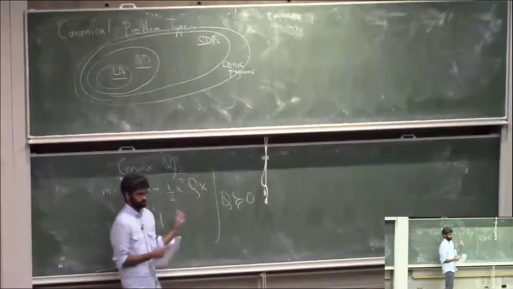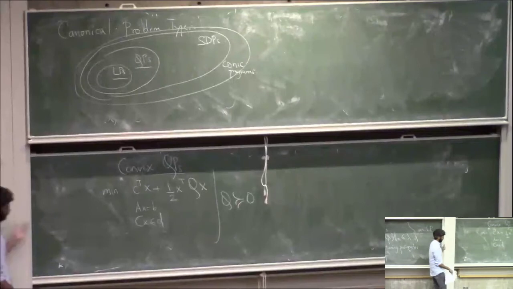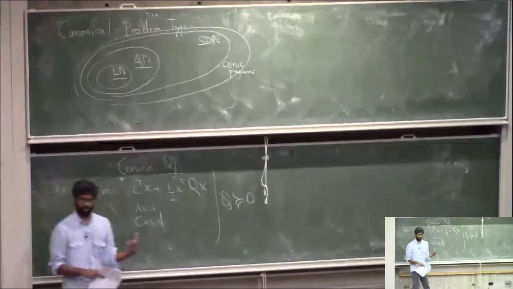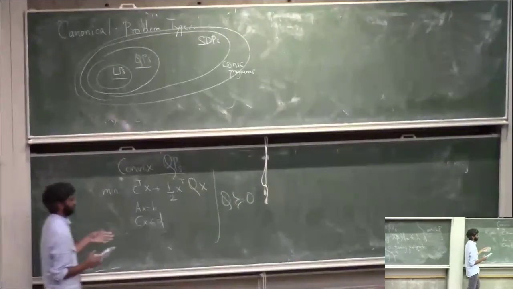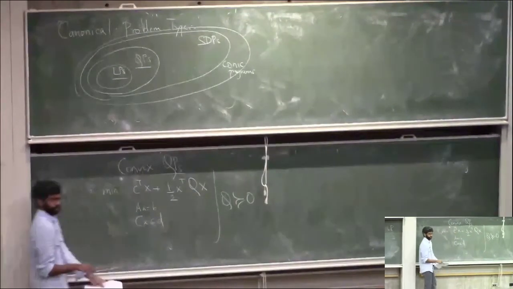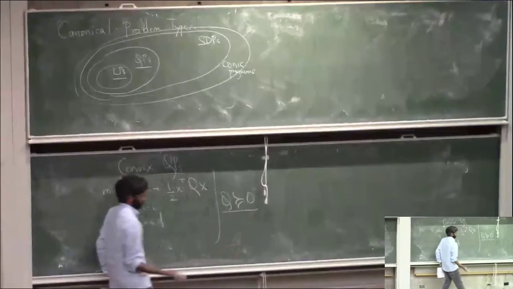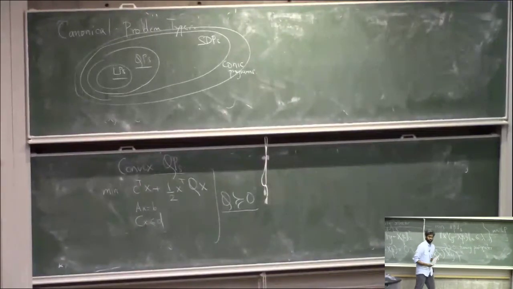A QP will be convex if you try the second derivative condition, right? So take the second derivative of the objective, and require that this matrix Q has to be PSD. So it has to be symmetric and all its eigenvalues have to be non-negative. So whenever this Q matrix is PSD, these are called convex QPs.